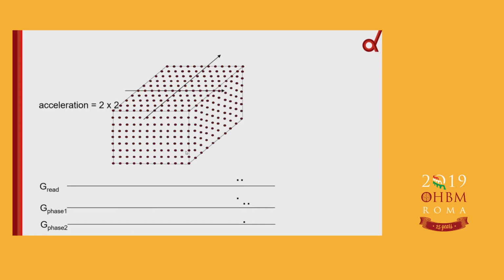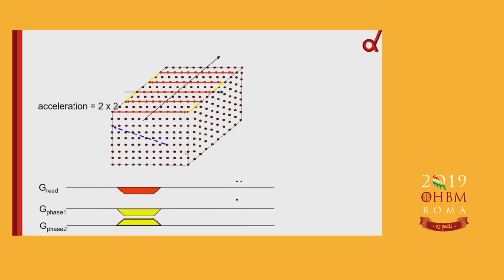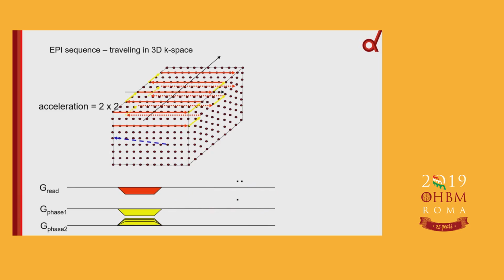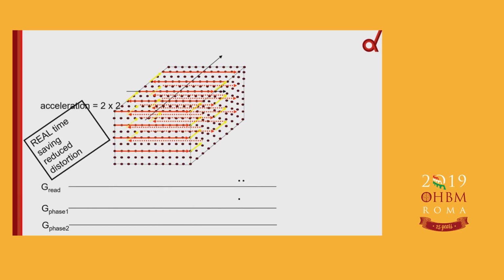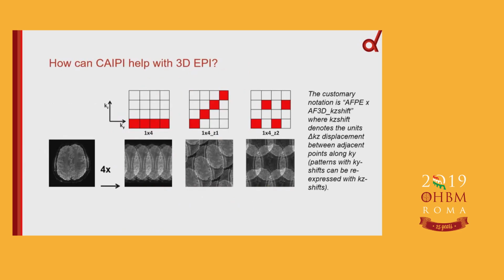Now just imagine if we want to cover the same, accelerating here, we're going to leave out every second line. Wonderful. And then we go here and leave out every second line in the partition direction as well, and then we can reconstruct. You get a real-time saving, and you get the reduced distortion from having the in-plane acceleration when you acquire. So this has made things quite attractive.